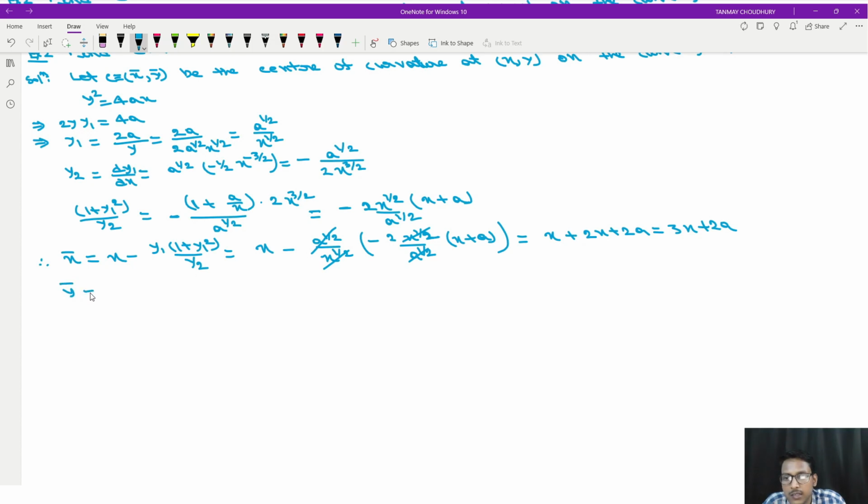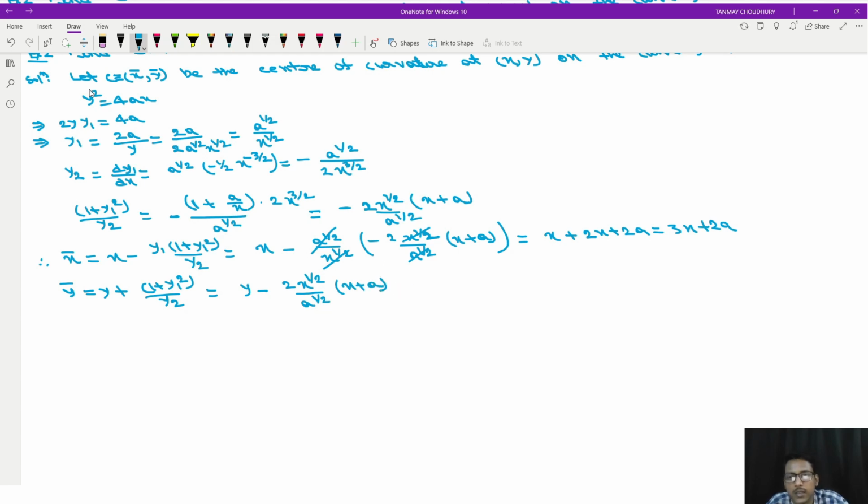Similarly y bar is nothing but y plus 1 plus y1 square divided by y2, so this is simply y minus twice x to the power half divided by a to the power half into x plus a.